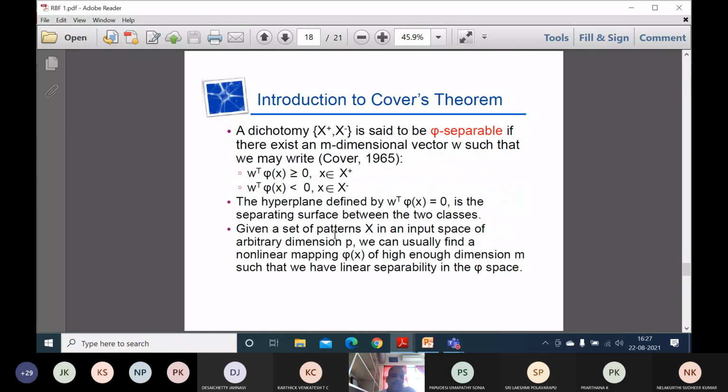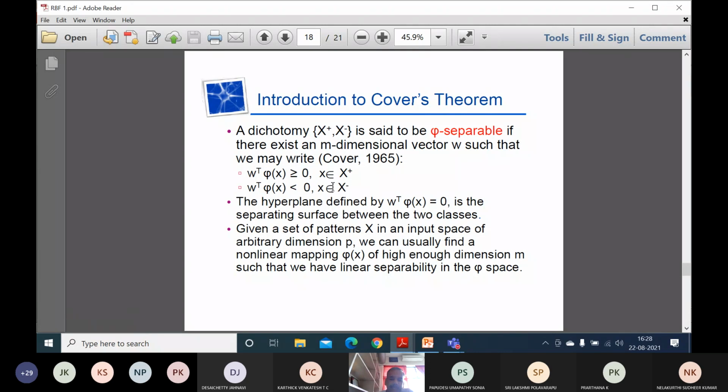The dichotomy, where I try to draw a line or find a boundary between X plus and X minus values, is said to be psi separable if there exists an m-dimensional vector W such that, by Cover's theorem, W transpose psi of x greater than 0 means x belongs to X plus, and W transpose psi of x less than 0 means x belongs to X minus.